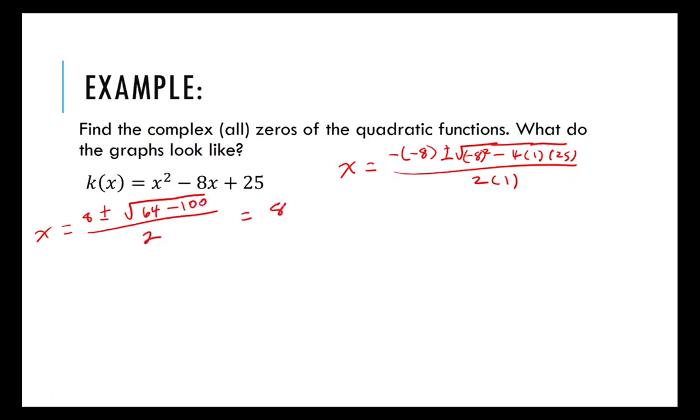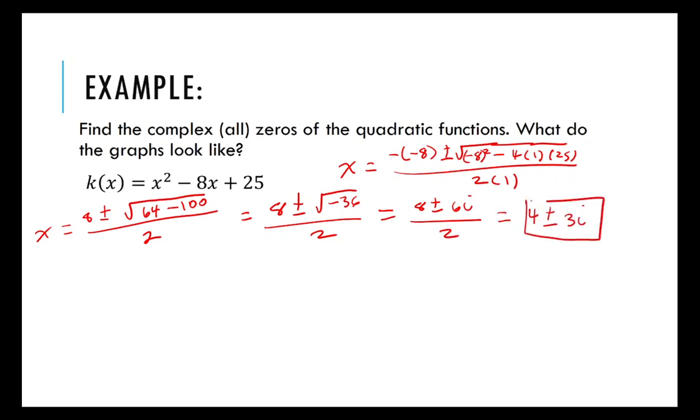That's then going to give us 8 plus or minus the square root of -36, all divided by 2. And that gives us 8 plus or minus 6i, all divided by 2, which will reduce to 4 plus or minus 3i. And so we found all our solutions.